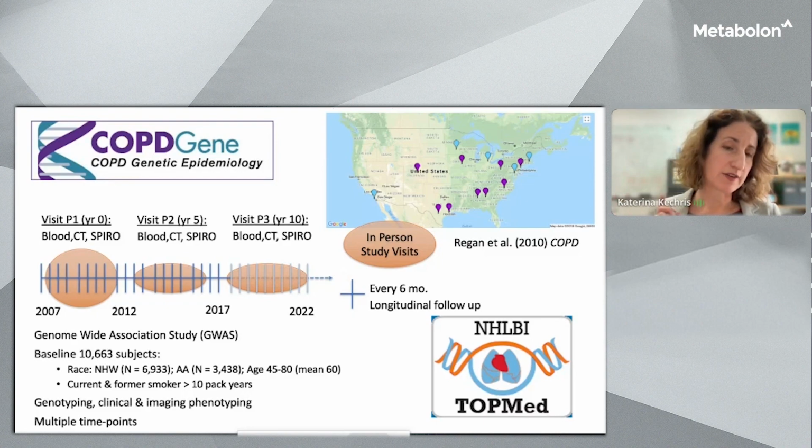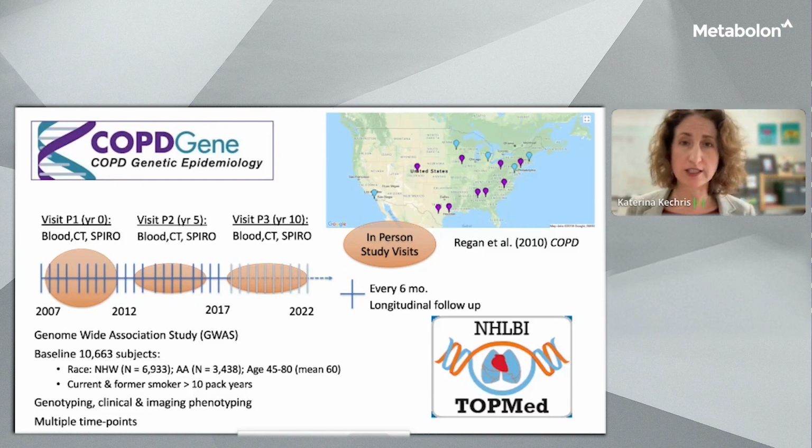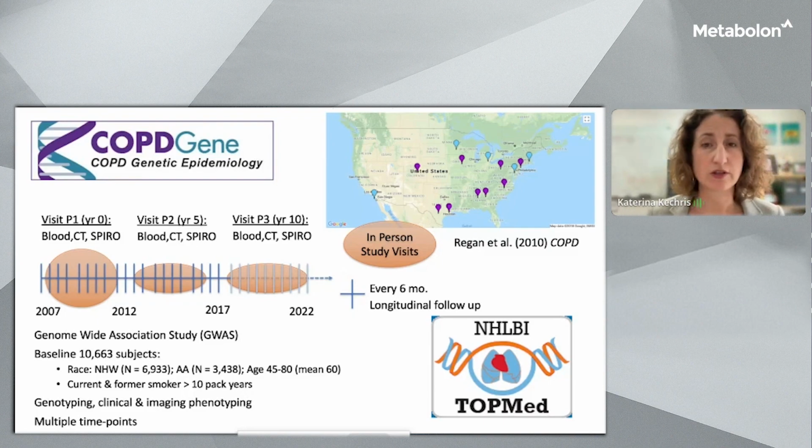So extensive genotyping, extensive clinical variables, hundreds of different variables, and all the imaging that's performed at every visit in these multiple time points. And actually, as mentioned in the previous Q&A, that's where we can use this longitudinal data to start to ask maybe more about causation. So this is the overall picture of the study.